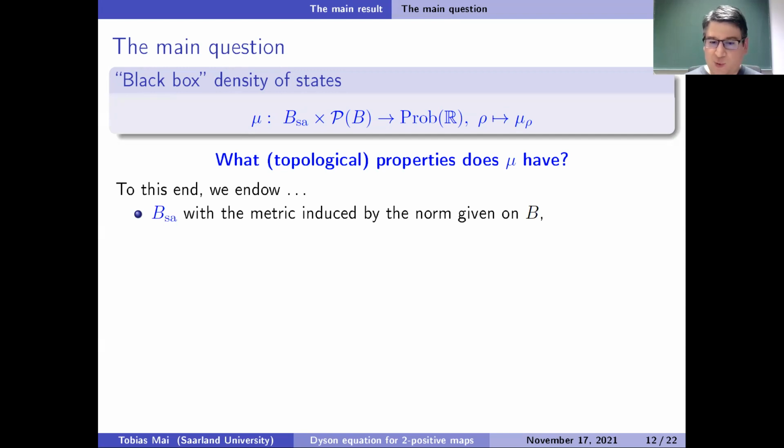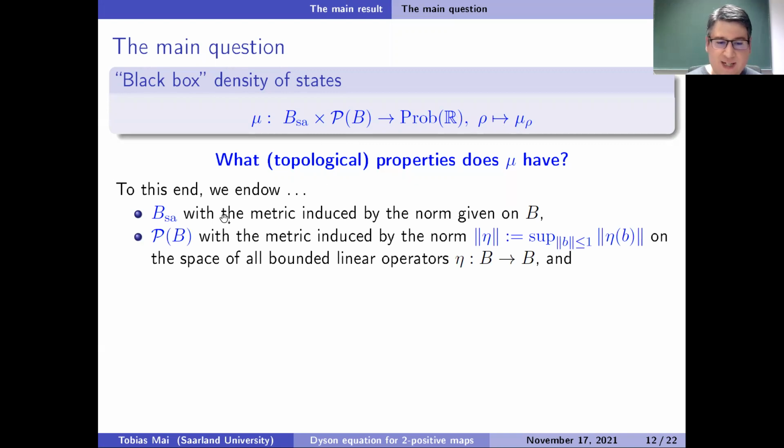And in order to talk about topological properties, we should introduce topologies on the left-hand side and the right-hand side. And on the left-hand side, this is quite easy. So we just take on the self-adjoint elements just the norm metric coming from B. And on the positive maps just the usual norm on maps from B to B, for all bounded linear operators from B to B.